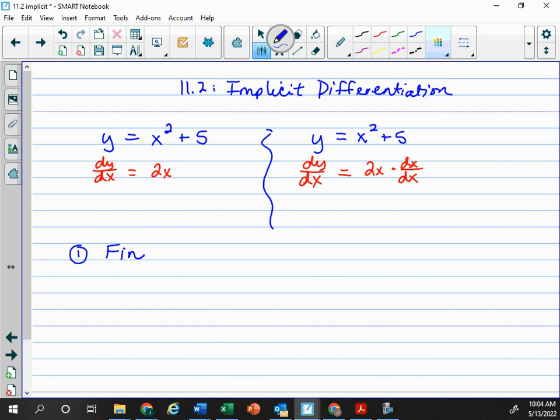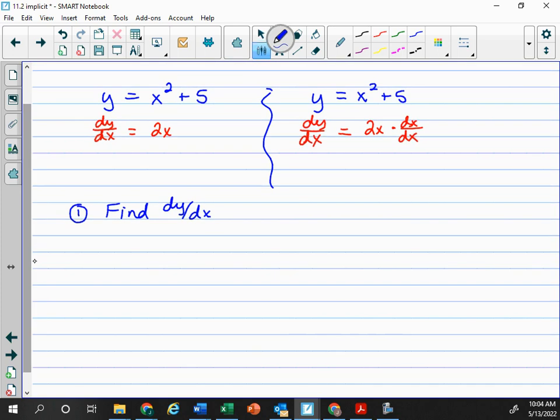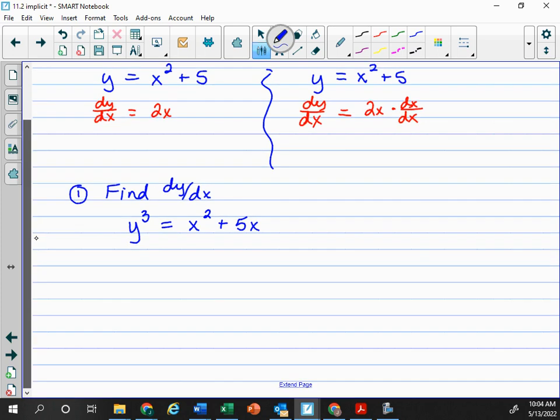So let me show you what I'm talking about with our first one. We're going to find dy dx. My equation is y cubed equals x squared plus 5x. So what do you see that's different here?